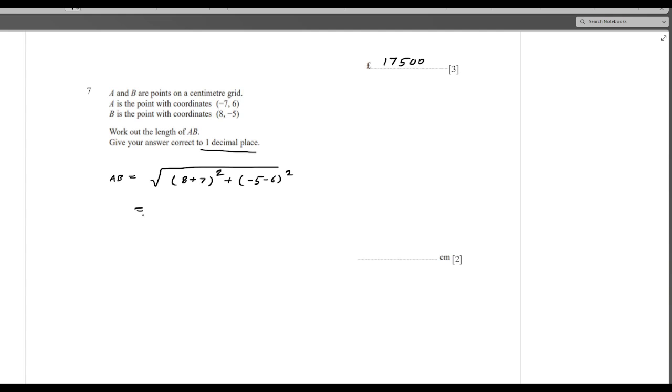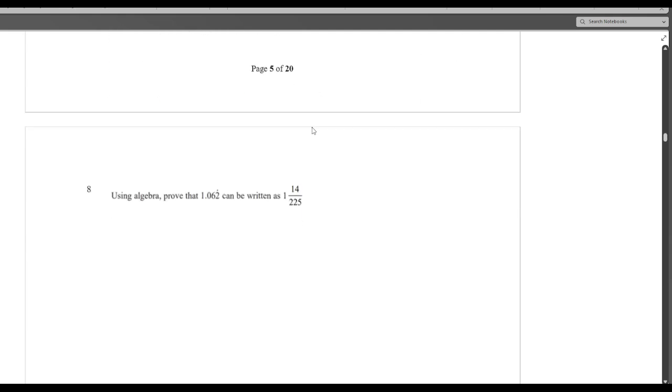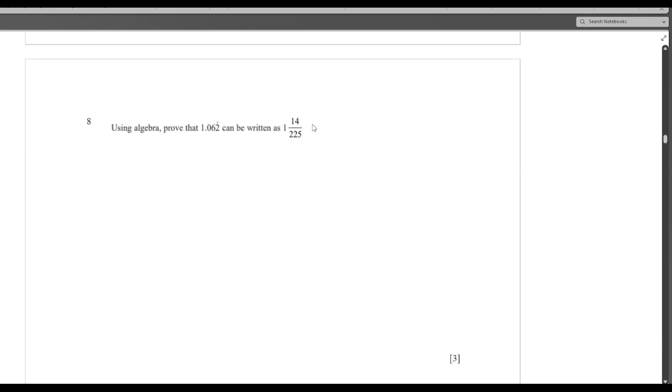Whatever result we get, we will take the square root of that, and in decimal form it is 18.6. So your result is 18.6 centimeters.